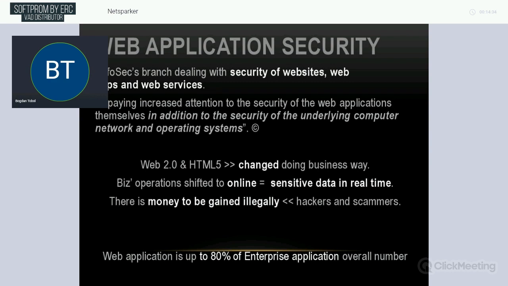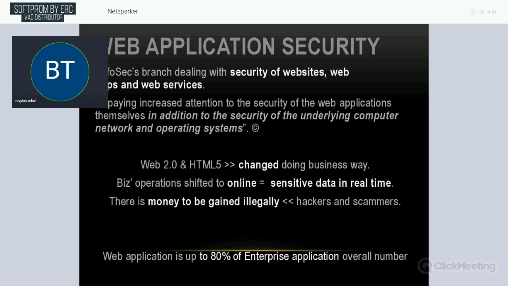Today, increased attention is paid to the security of web applications in addition to other security layers, because we are trying to protect the network and operating systems which are connected to the web.